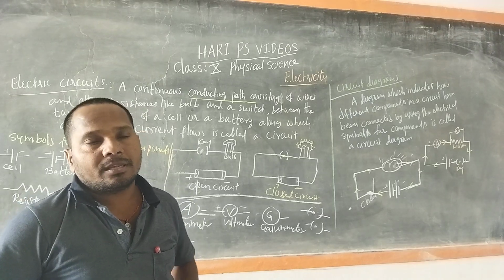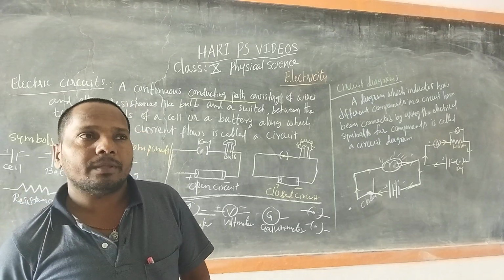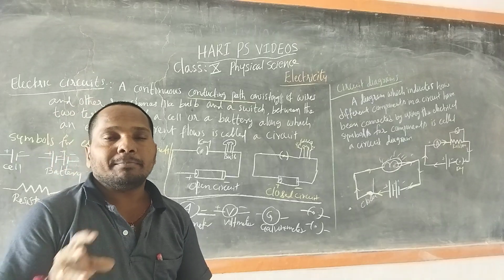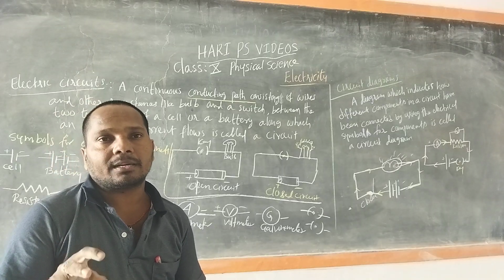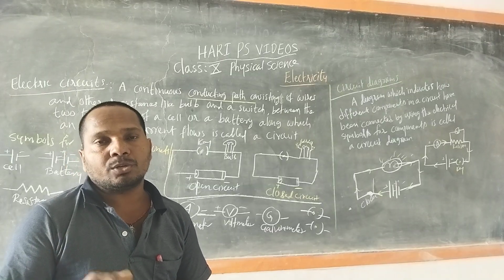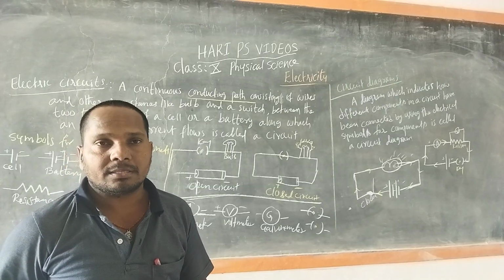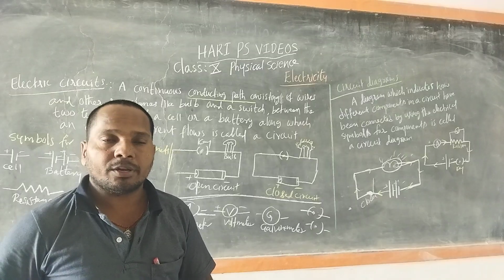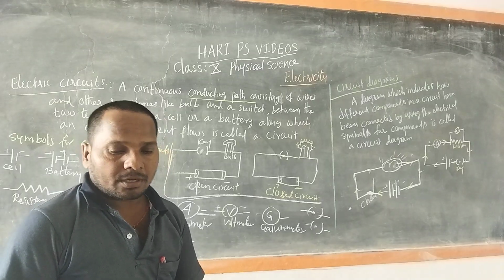While drawing circuit diagrams, we need to remember the symbols of various electrical components: battery, ammeter, voltmeter, resistance, variable resistance, rheostats.